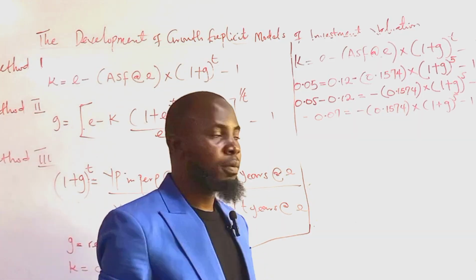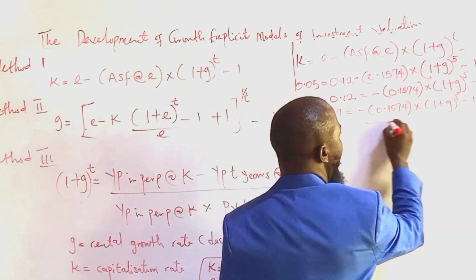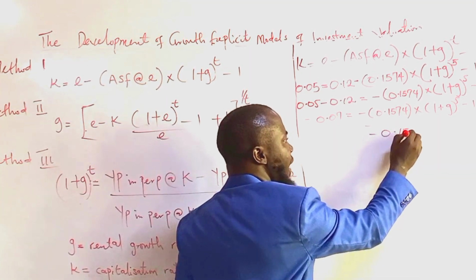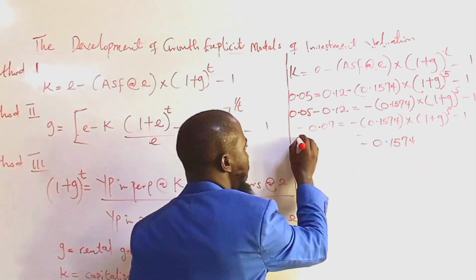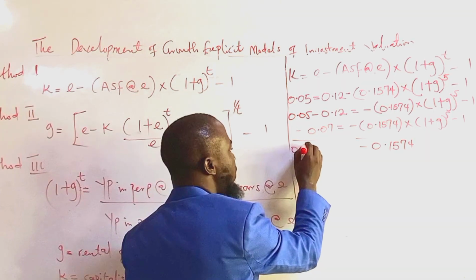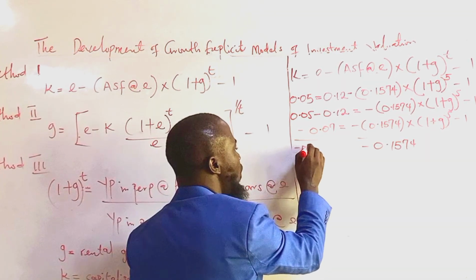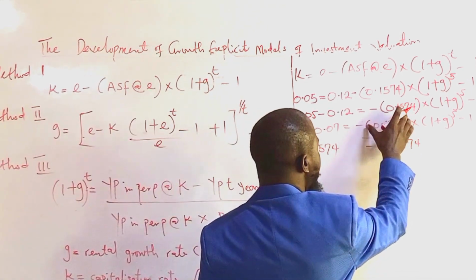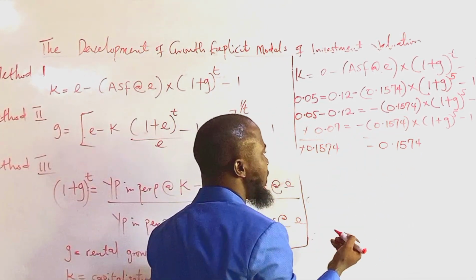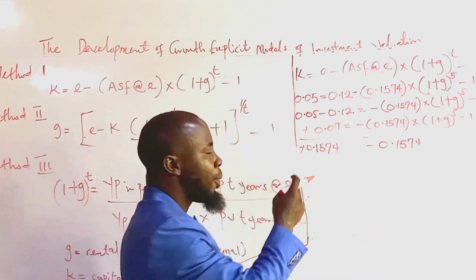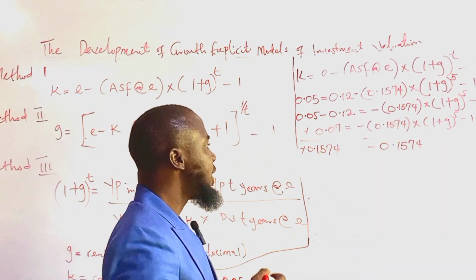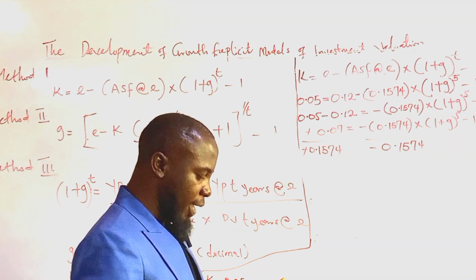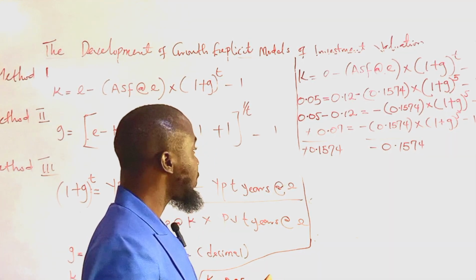Now divide all through by minus 0.1574 all over minus 0.1574. This minus has cancelled this minus, you are left with 0.07 all over 0.1574. 0.07 divided by 0.1574.